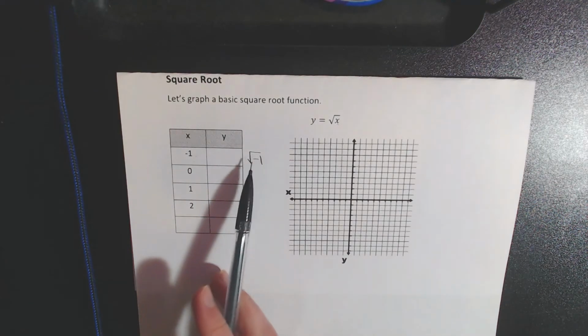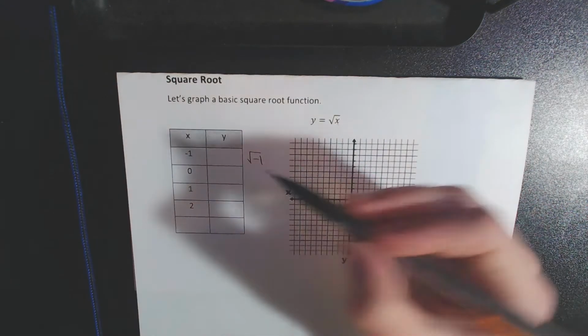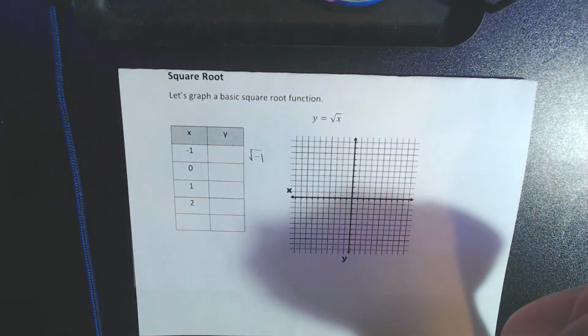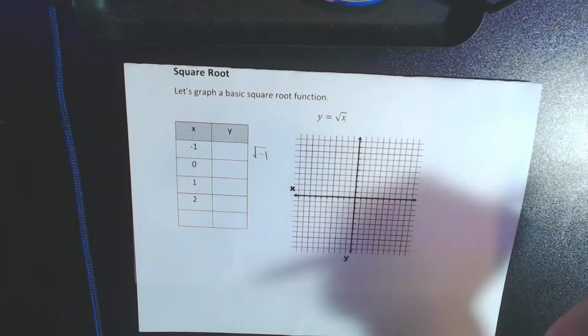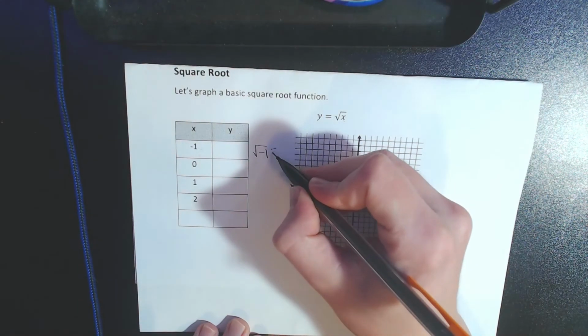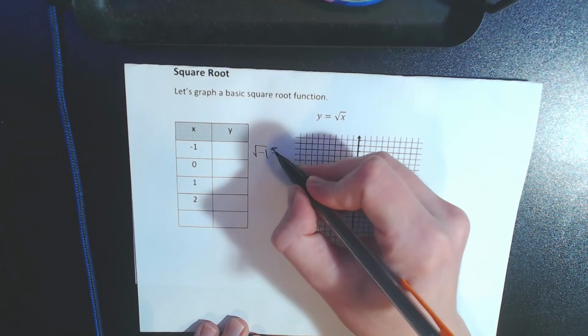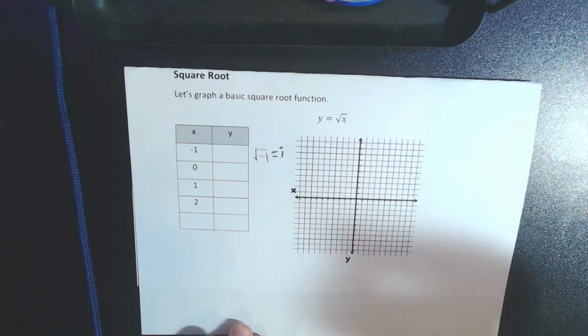If you do the square root of -1 in the calculator, it's going to give you an error. And the reason for that, we did talk about this a long time ago, is this is not a real number. This is actually an imaginary number. We sometimes called this number i. The square root of -1 was i.